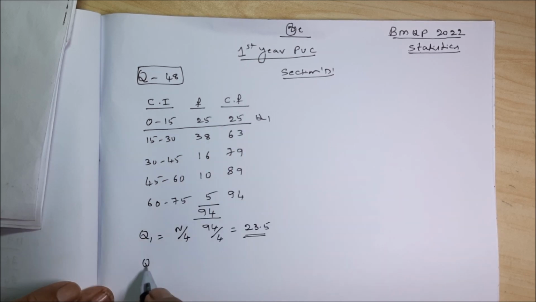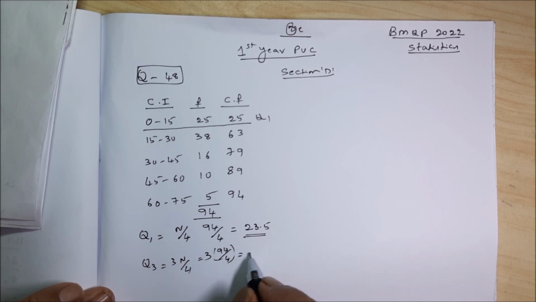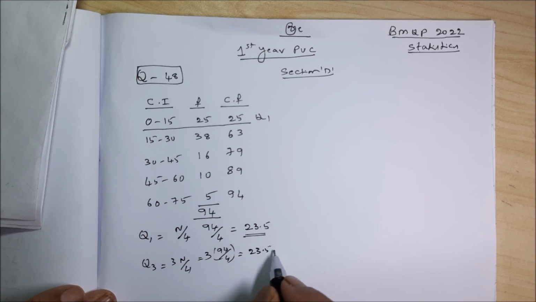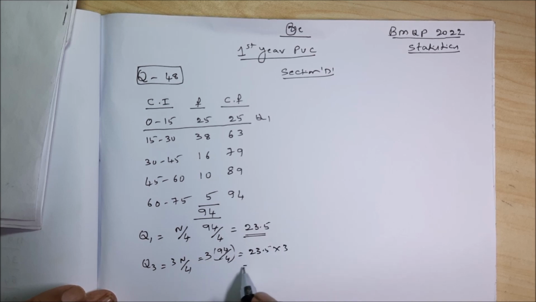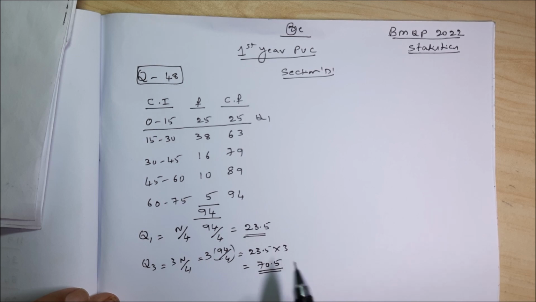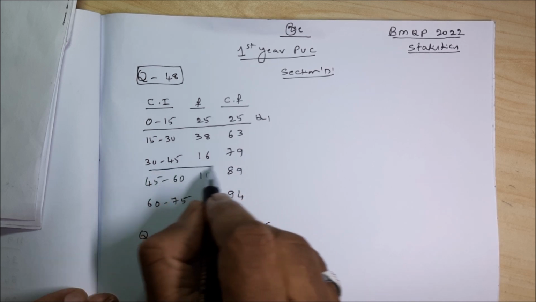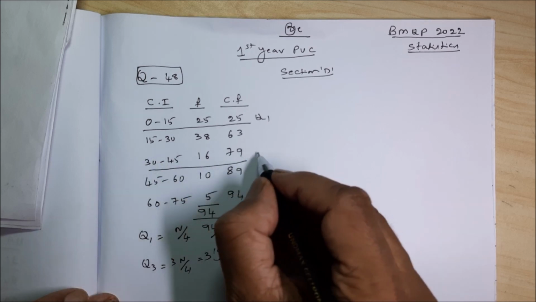Then Q3, 3n by 4 is equal to 3 into 94 by 4, which is 23.5 into 3, equal to 70.5. So 70.5 you will get where? You will get it under this class. Here you will get it. This is Q3.